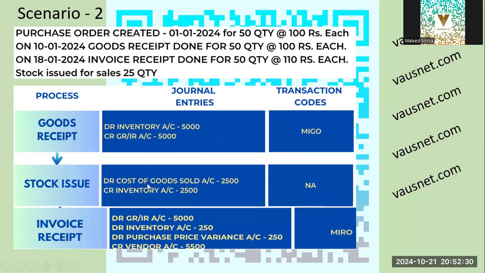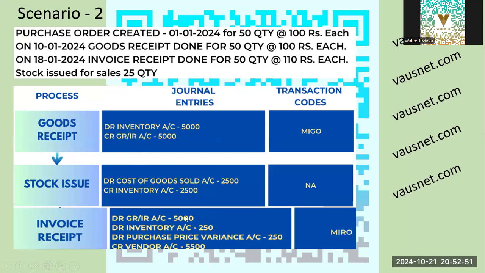Stock issue, cost of goods sold, because we are issuing it to sales. For 25 quantity, 25 at 100 will be 2,500, and the inventory account will be credited, because you have the inventory account as debit. From that, you will credit it.